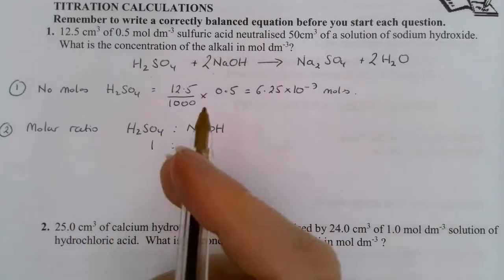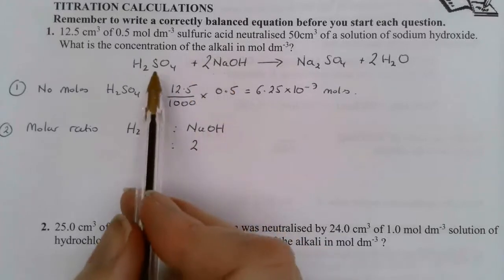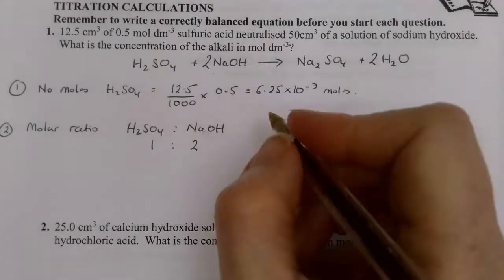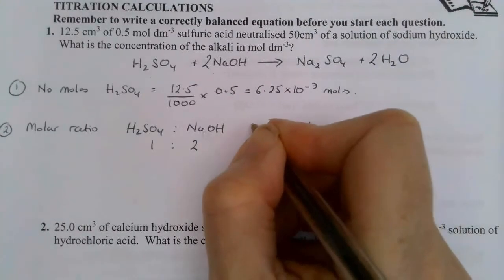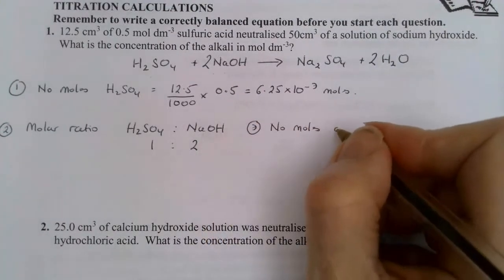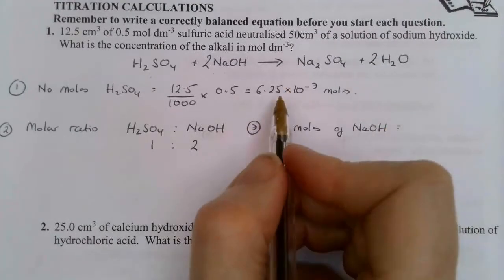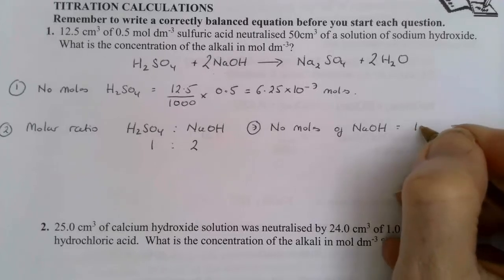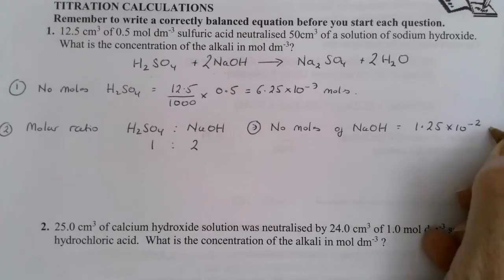In other words, I need double the number of moles of sodium hydroxide to neutralize all of the sulfuric acid. So the number of moles, you can think of this as step 3 if you like, number of moles of sodium hydroxide is equal to 2 times this, so that comes to 1.25 times 10 to the minus 2 moles.